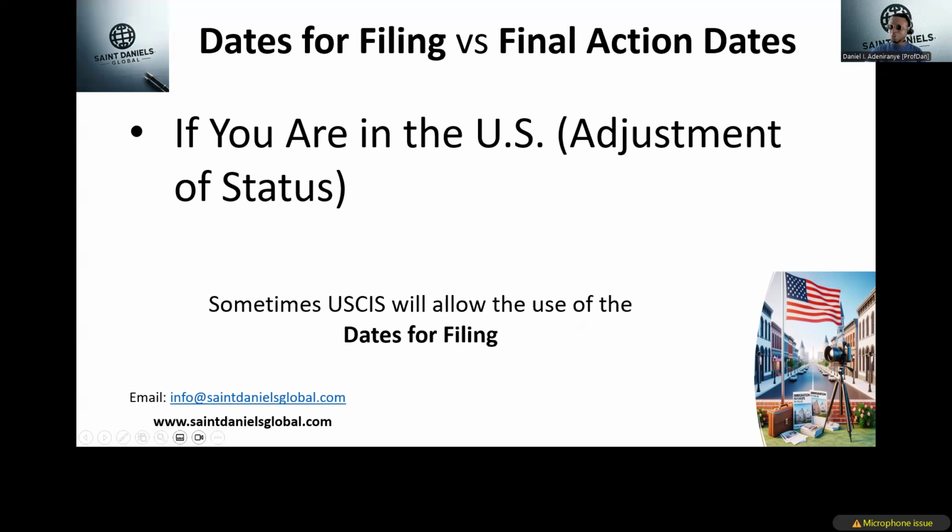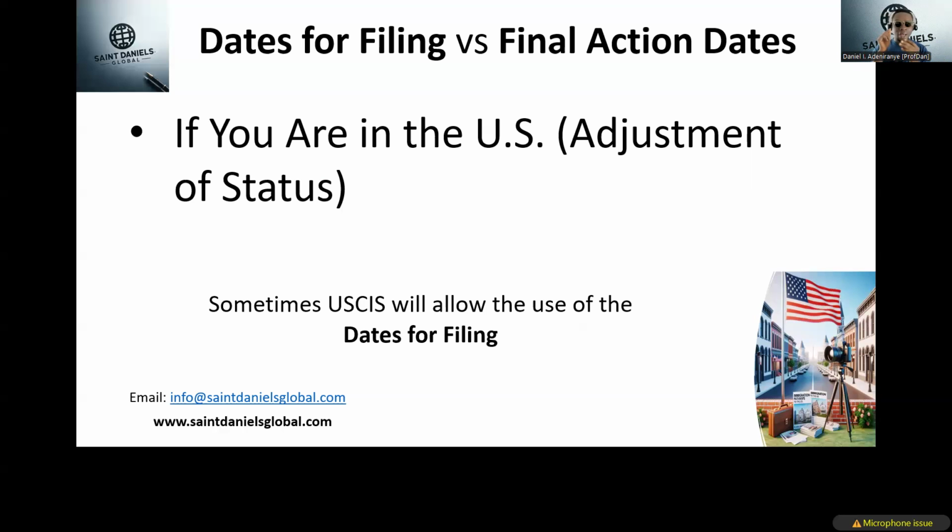However, as an exception, which we would see has worked for the October visa bulletin, sometimes USCIS will allow the use of the dates for filing charts if and only if they have more visas available than applicants. More visas available than applicants, they will typically advise use the date for filing. Otherwise, use the final action date.